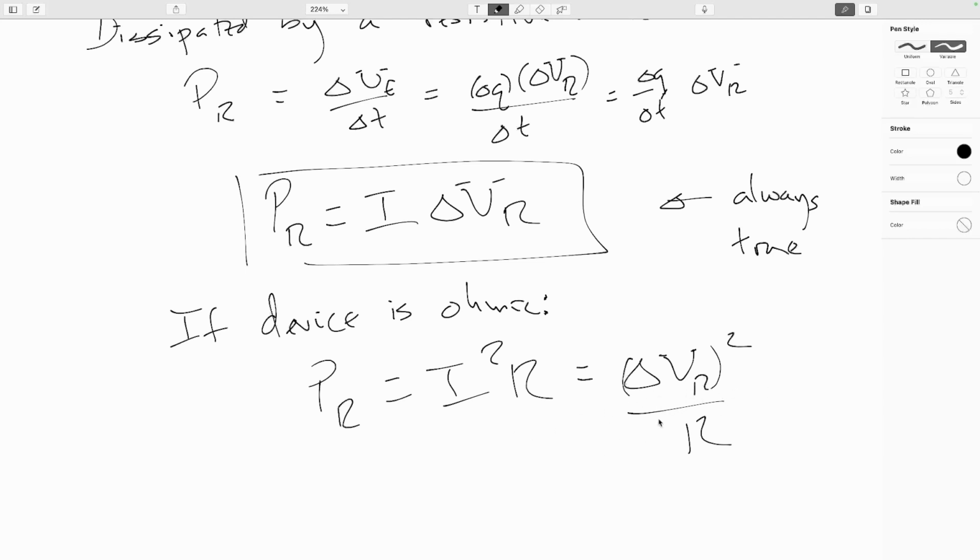If for some reason you're concerned that the device isn't ohmic, the first one is always true.